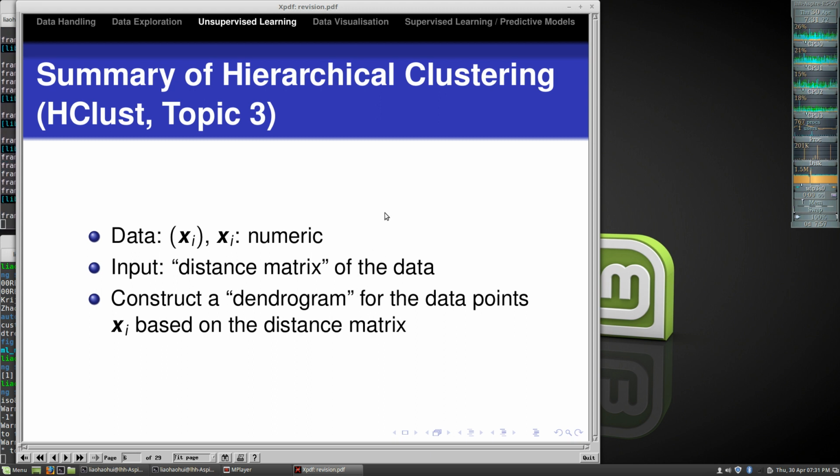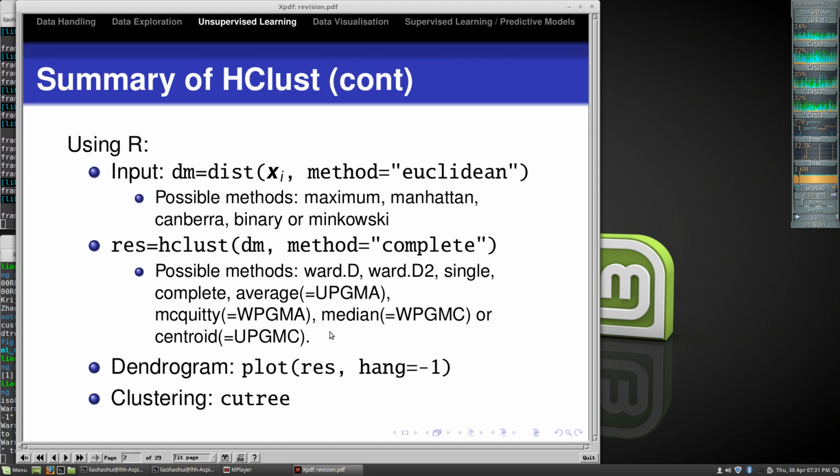After we apply the hierarchical clustering, internally it will be stored in something like matrix form. In order to see the clustering, we have to construct a dendrogram for the distance matrix.